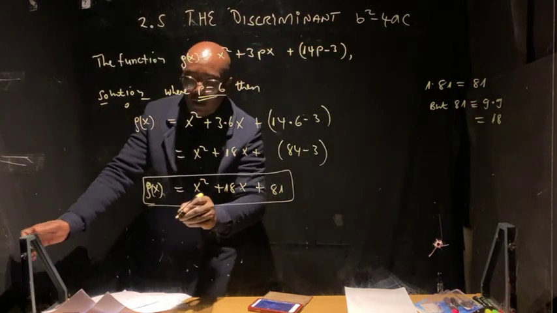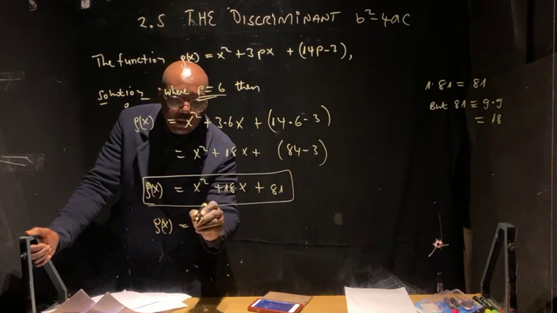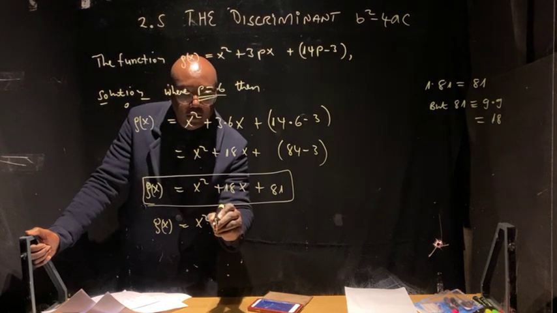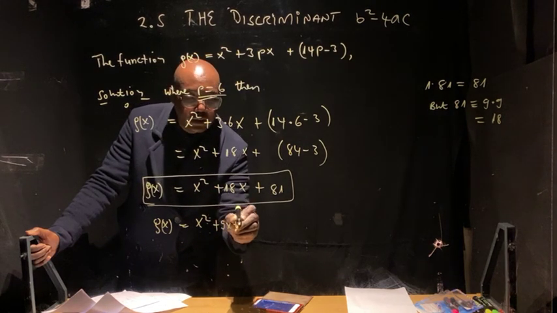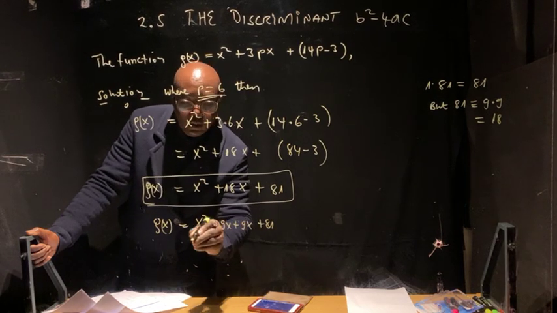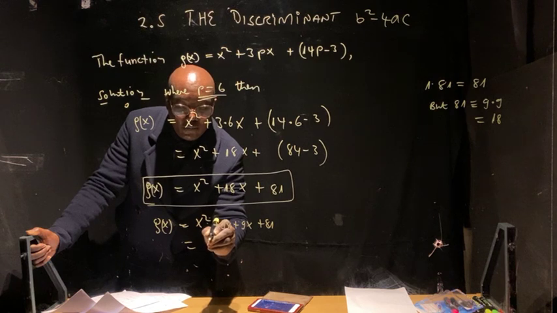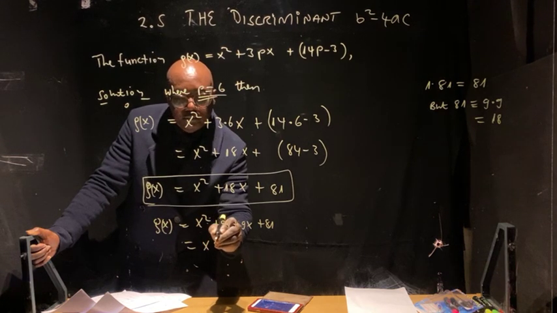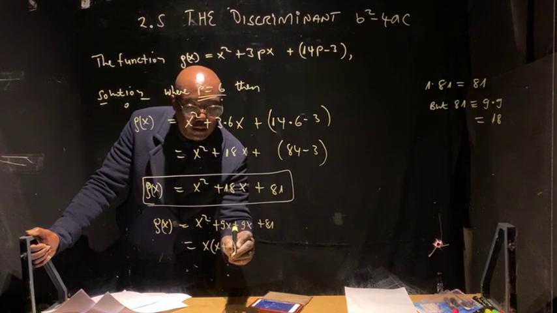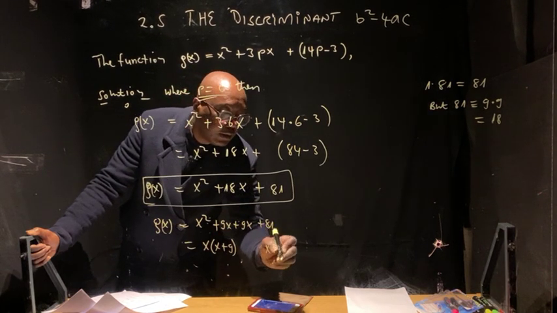So we have g of x equal x squared. Instead of writing 18x, we can say 9x plus 9x plus 81. Then we factorize x outside. So we have x times x plus 9. This same factor should be here, x plus 9.